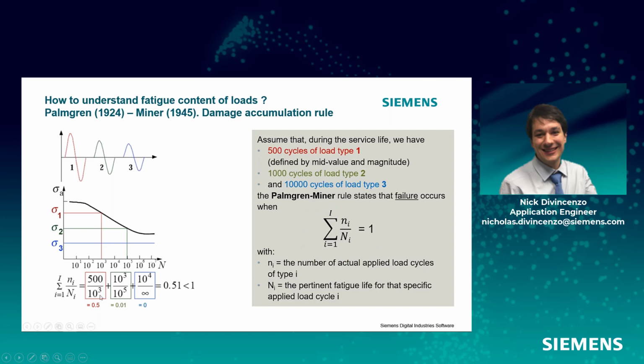I take 500 over that value here, I get 0.5. I take my value here, I have 10 to the third power, so 1,000 cycles here. I divide that by 10 to the fifth, I get a value of 0.01, and I say my damage value is the sum of these two here. So I get 0.51 damage.